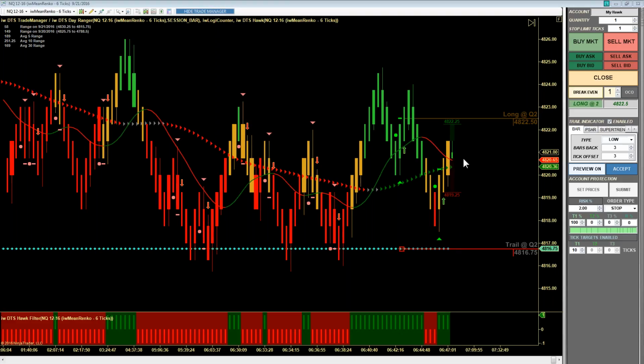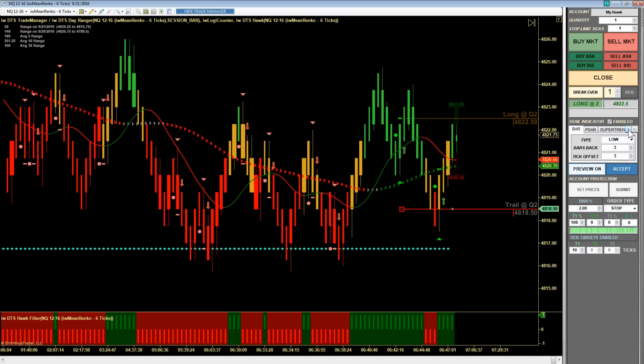Still waiting for this to tick up just a little bit, and you'll see the Trade Manager automatically take the stops and start to roll it for you. Come on, give me a break here. Oh, here we go. We're getting warmer. There. All right. So you see how the Trade Manager will continue to roll my stops this way according to the stop strategy that I've chosen.